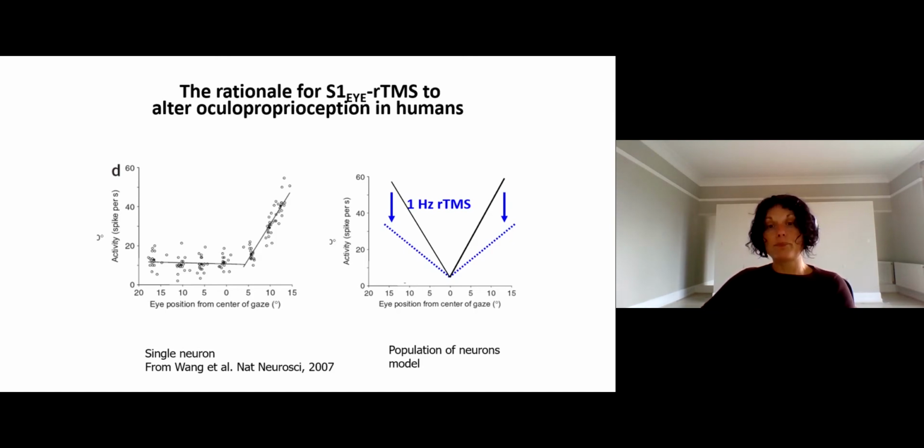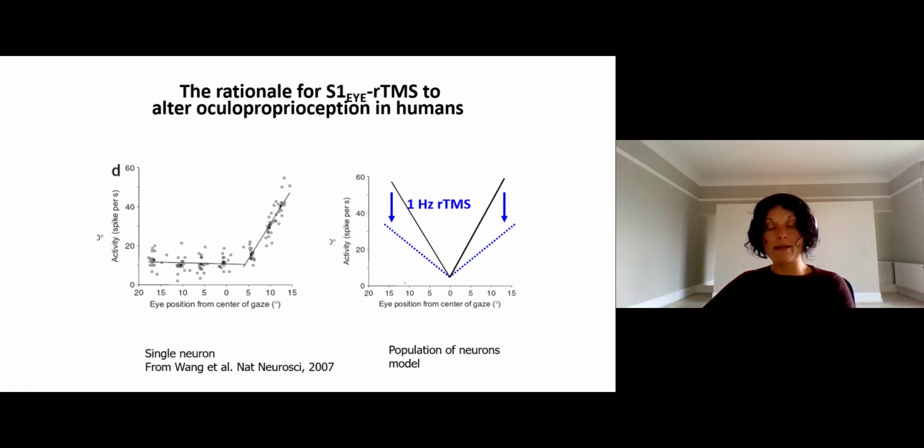And so, say for a rotation of 10 degrees, the activity level will no longer be 40 spikes per second, but smaller, 20 spikes per second, which would correspond to a perceived rotation of 5 degrees.